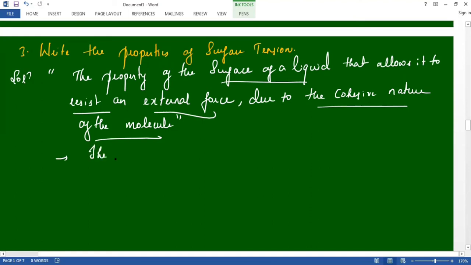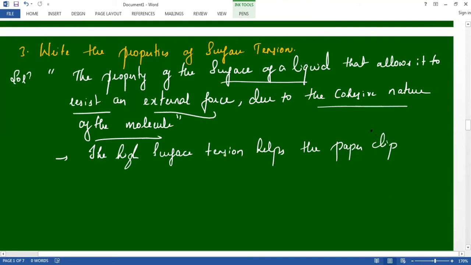The high surface tension helps the paperclip with much higher density float on the water.